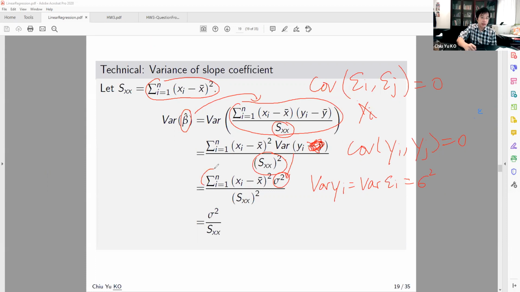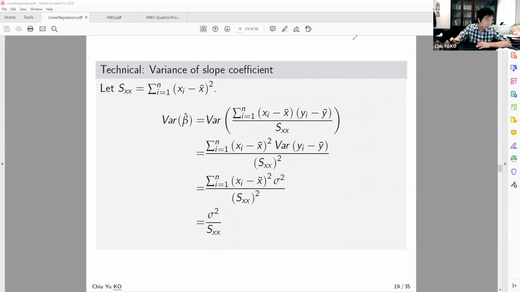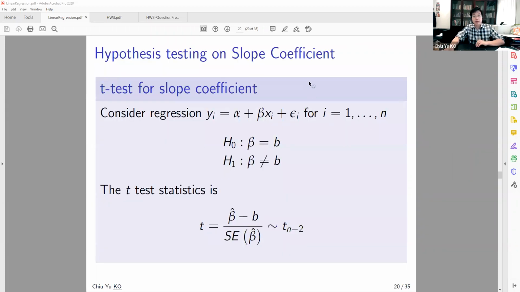And this is basically Sxx. You cancel out the square term, so you're left with sigma square over Sxx. That is the key of the proof, but the proof will not be very important for our purpose for now.